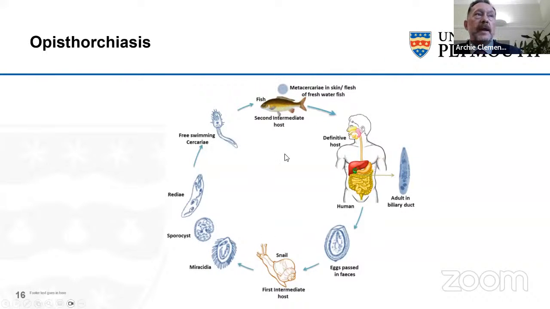So there are multiple intervention points in this life cycle. You can intervene between the fish and the human by health education, telling people not to eat raw fish. Unfortunately, raw fish are a major food source and a cultural delicacy in northeast Thailand. People love eating raw fish in northeast Thailand.